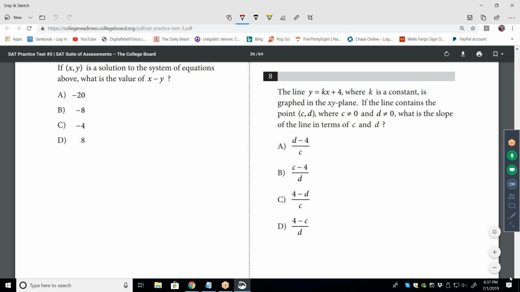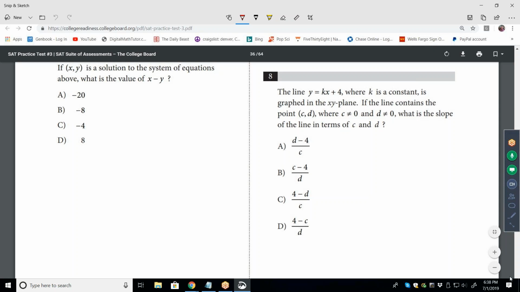Notice the form of the equation. What form is that in? It says y equals kx plus 4. Of all your forms of a straight line, which is what that is, because it's only got an x, it doesn't have an x squared. It doesn't have a square root of x.